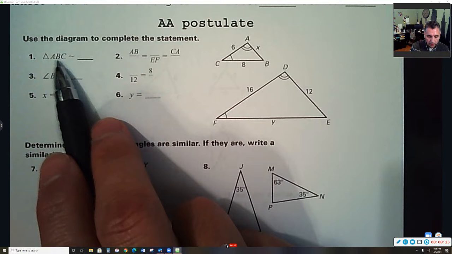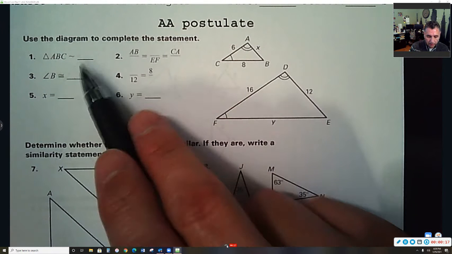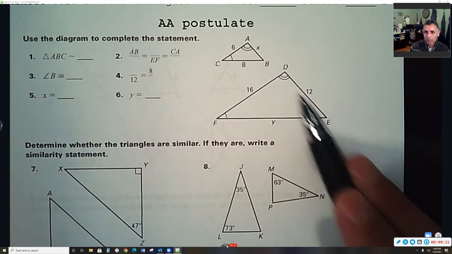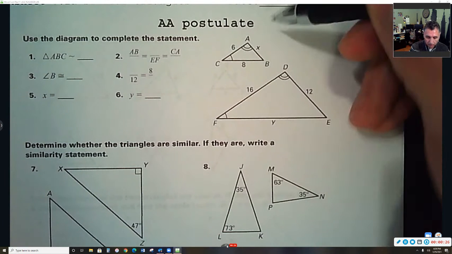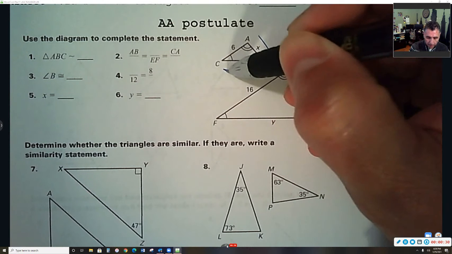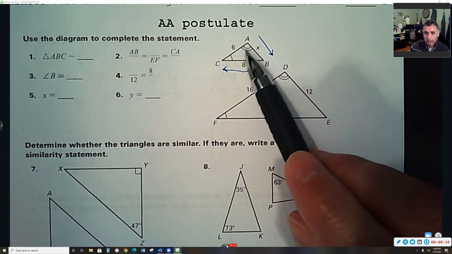We have triangle ABC. Here's ABC, right? And then they want us to write a similarity statement and figure out how it matches up with this triangle. Well, because we went A, B, and then C, you should think of doing the same thing here. See, the angle A has 2 marks on it.